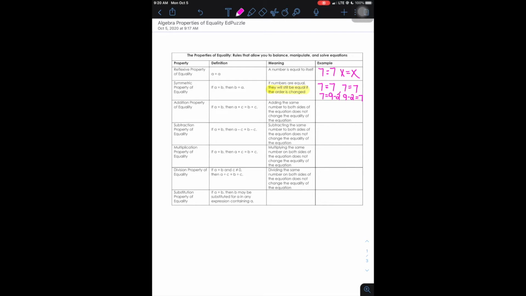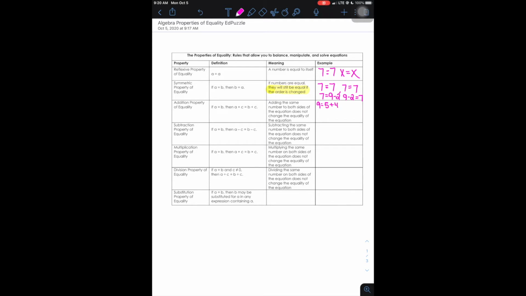The addition property of equality says that if you have two numbers that are equal to each other and you add the same number to both sides, then the resulting terms are both going to be equal to each other. So for example, we know 9 is equal to 5 plus 4.